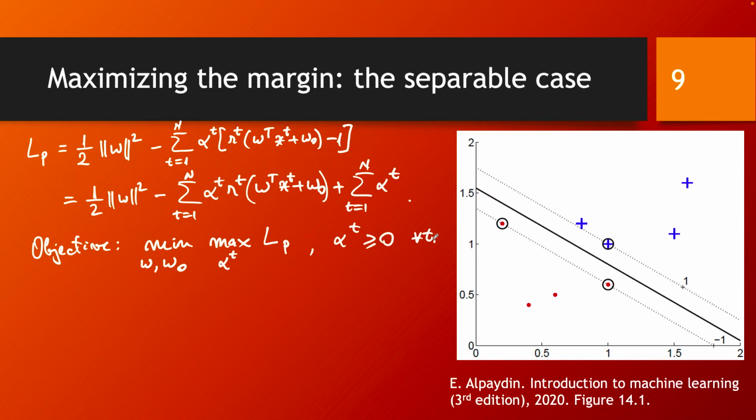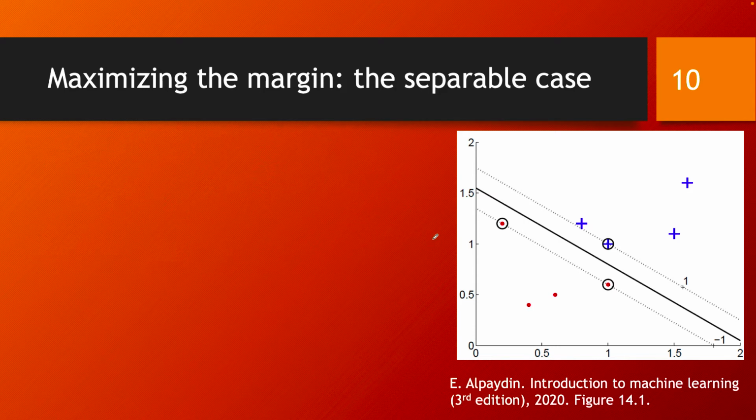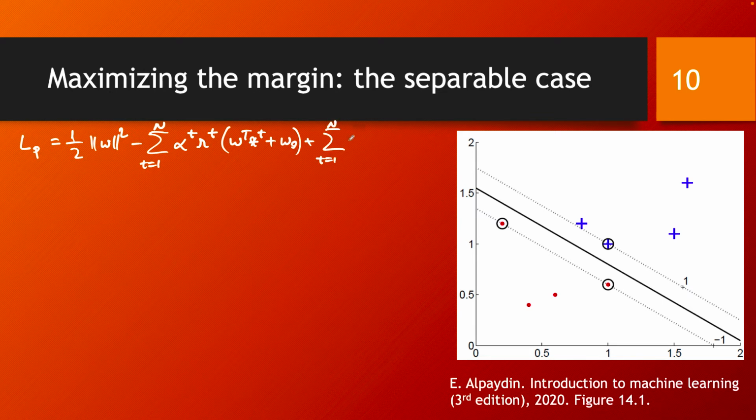And here is how we start thinking about solving this problem. I'm going to just repeat this Lagrangian so that we have it in front of us. So the Lagrangian I had on the previous slide was L_P equal to 1 over 2 the norm of W squared minus the sum from 1 to n of alpha t r^t times W transposed x^t plus W0, plus a sum from 1 to n of alpha t.